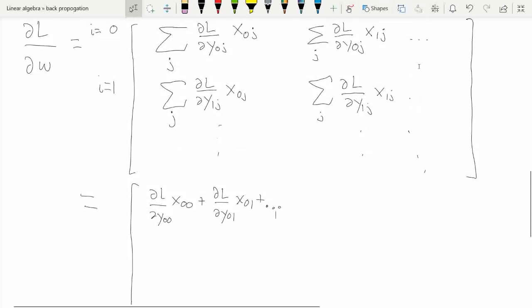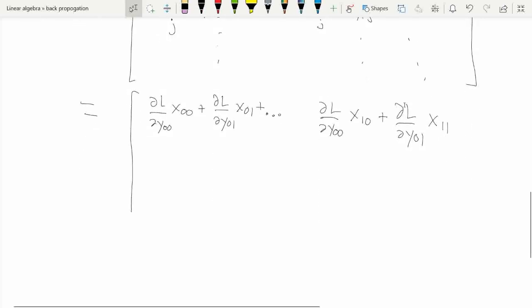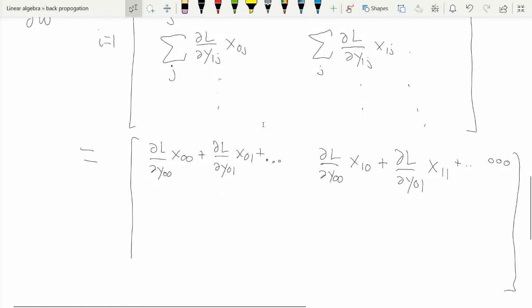And then this whole thing when j is equal to 0 is del L by del y 0,0, x 1,0, plus del L by del y 0,1, x 1,1, and that's going to carry on, and the whole thing's going to keep going.